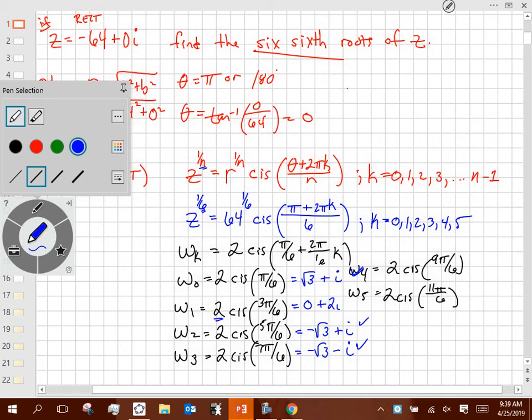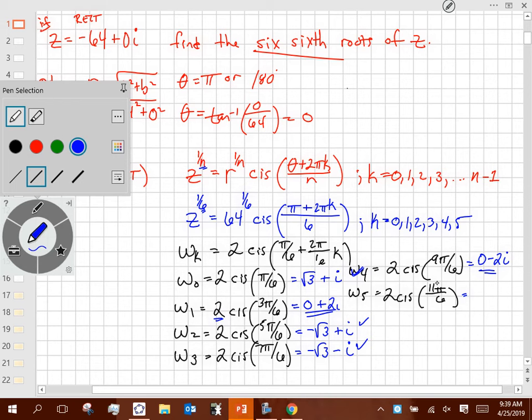All right, so let's look here at these last 2. If I go 2 cosine of 9 pi over 6, 9 pi over 6 is 3 pi over 2, right? 2 times cosine of 3 pi over 2 is 2 times 0, so it goes away. Sine of 9 pi over 6 is negative 1, so I get negative 2i. So 0 minus 2i.